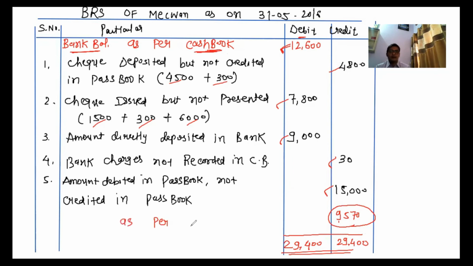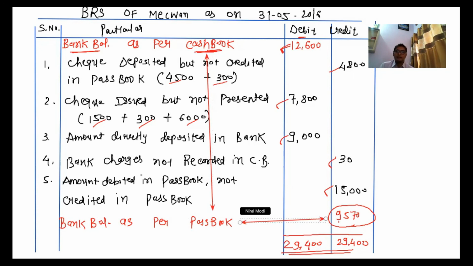The balance as per cash book that we started with now closes with the balance as per passbook, and the credit balance as per passbook is what we call the bank balance. That's it. If we start a sum with the cash book, our sum closes with the passbook. So here I have written bank balance.